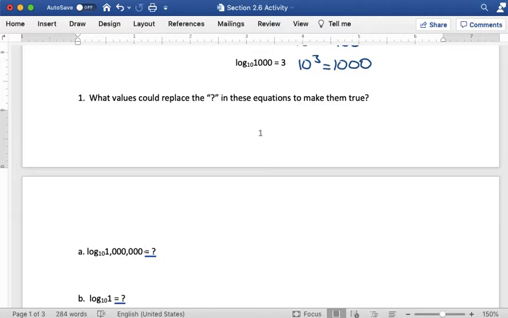I can count the zeros, I can do guess and check, I can think about continually multiplying up until I get the right answer. Whatever method I use, I would find that it would be 6. So 10 to what power? The box here is representing the question mark equals 1 million. Well, that's 6. So question mark is 6.